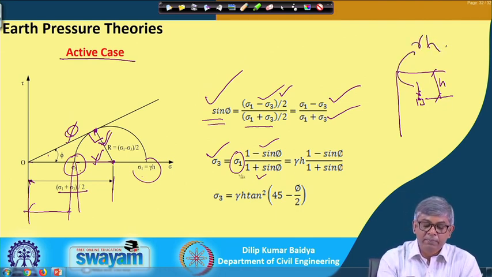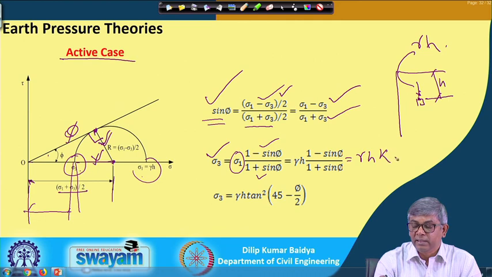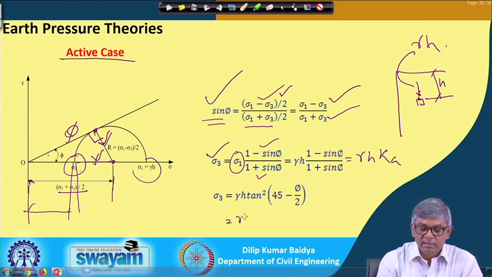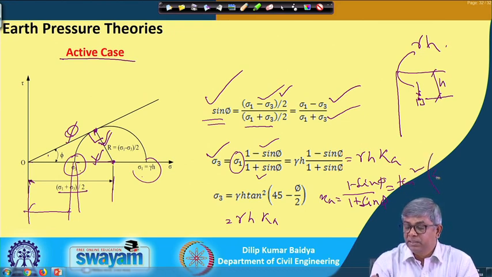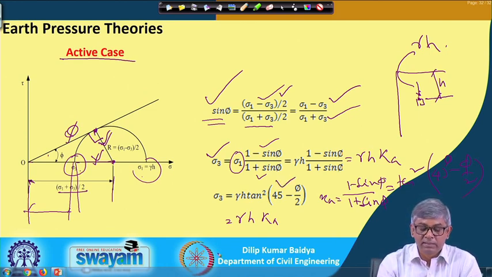So, sigma h is gamma h K A, where K A is 1 minus sin phi by 1 plus sin phi, or tan square of 45 degrees minus phi by 2.